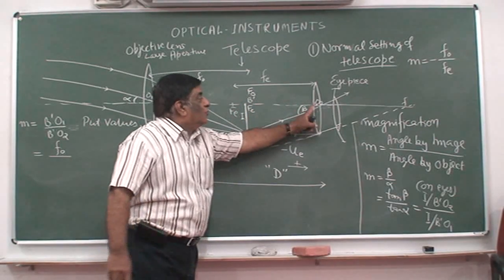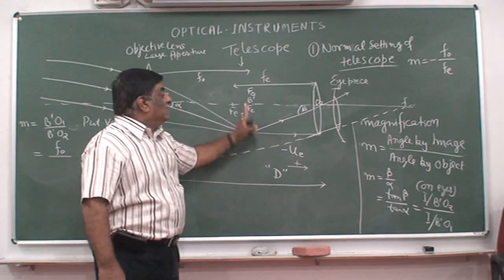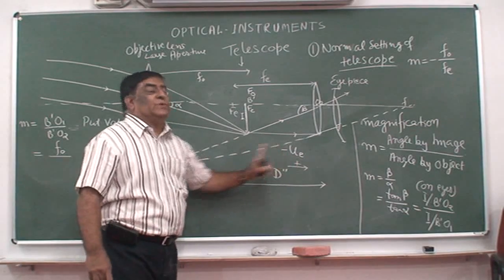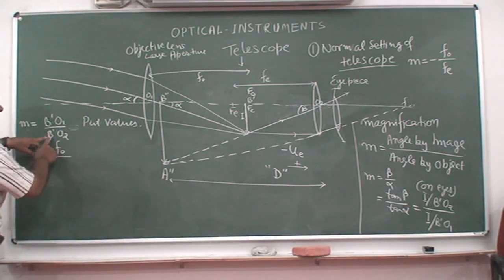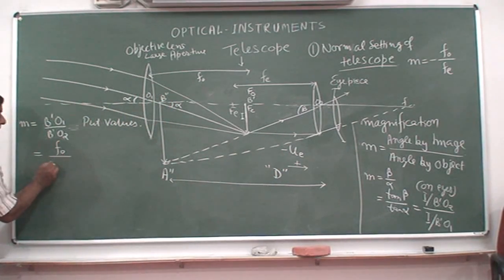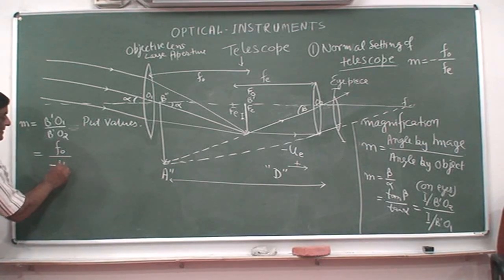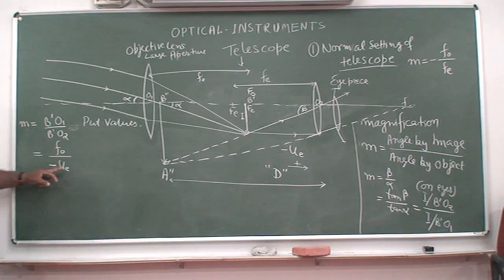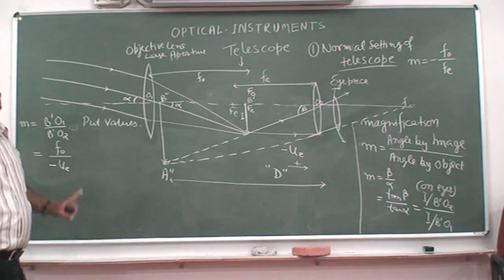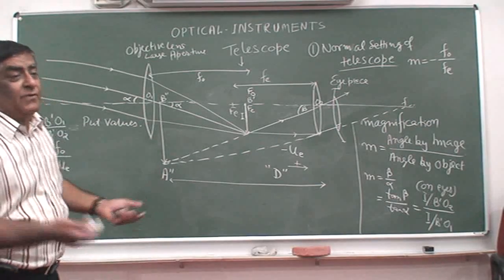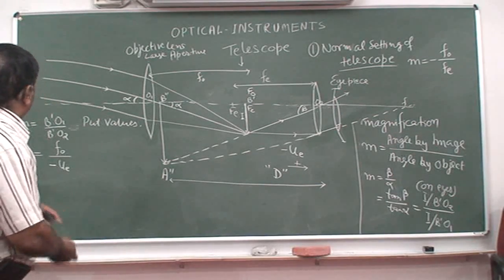So B dash O2 is equal to minus UE. Now we don't want to stop here because UE we can't measure.